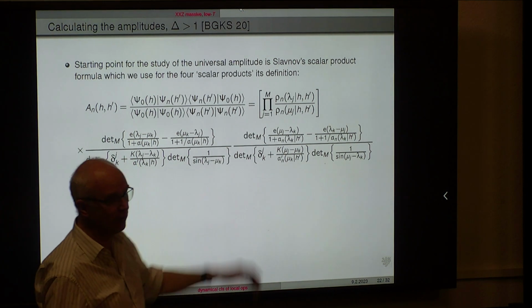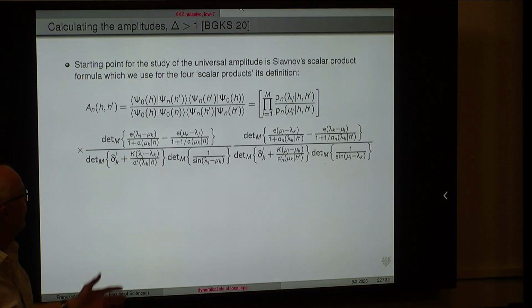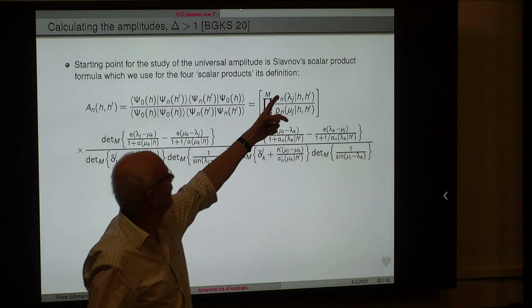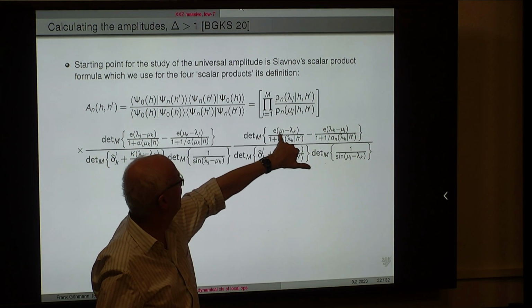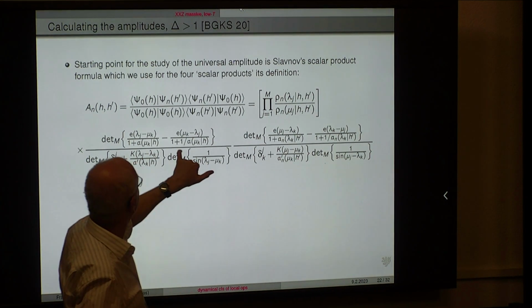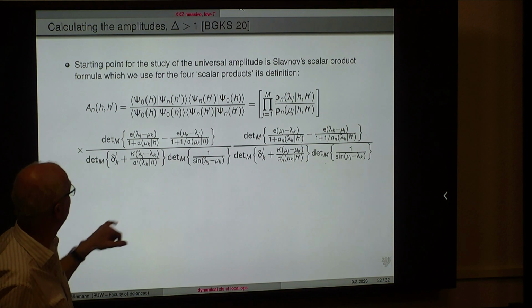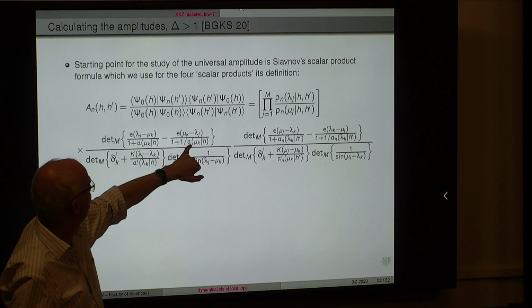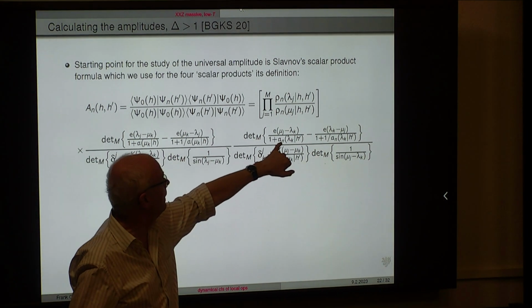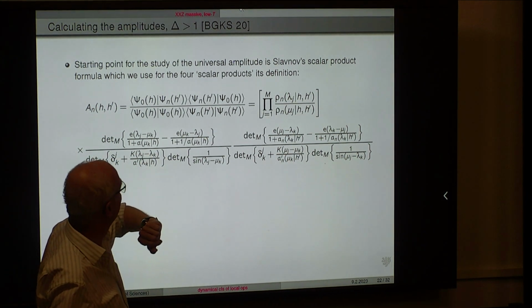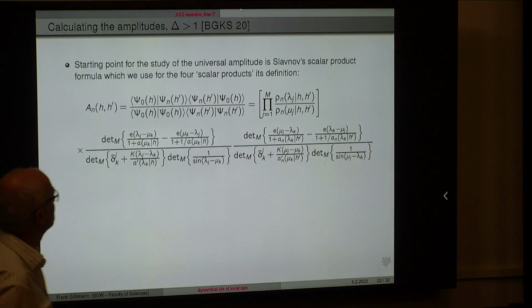And you can bring it into this form, which I like most, where everything is, again, expressed in terms of the functions I like, eigenvalue ratios, bare energies, and these auxiliary functions. Here I have chosen a notation where A refers to the dominant state and AN to the excited state. The lambdas are the Bethe roots of the dominant state, the mu's of the excited state.